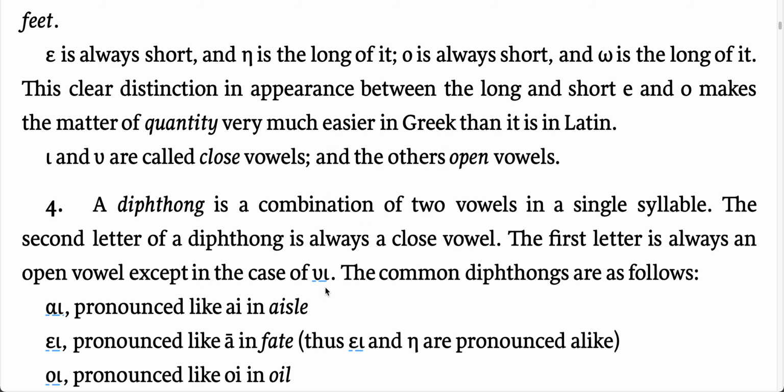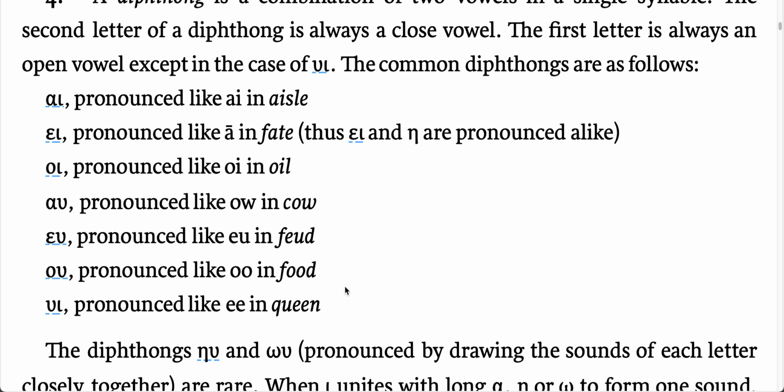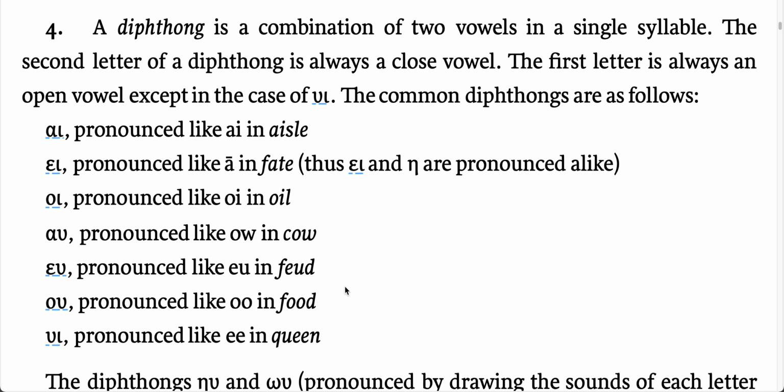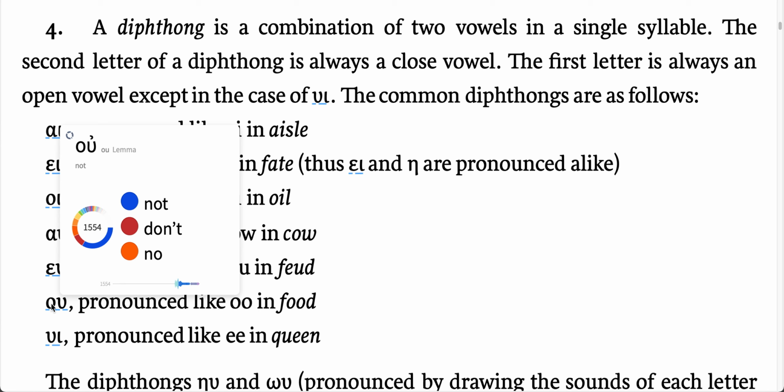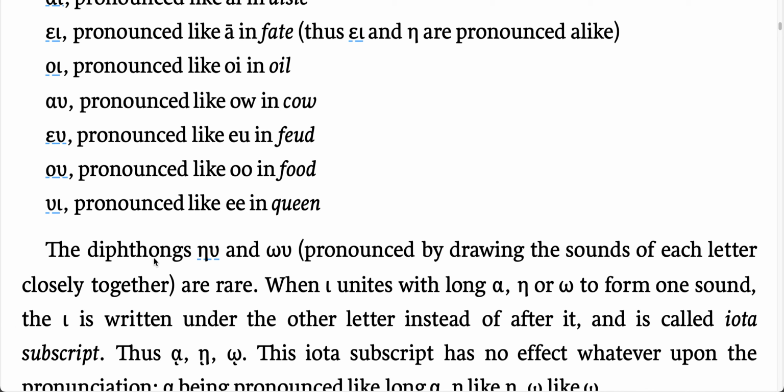You can have that. That is a diphthong that can show up. But here are the common ones. These first 6 are the more common ones. And then you can have that one. Now, you can also have eta upsilon and omega upsilon. They're very rare, though.